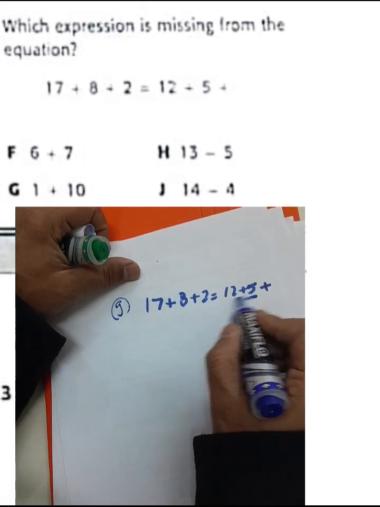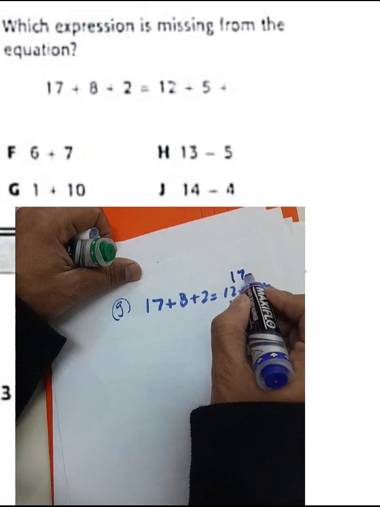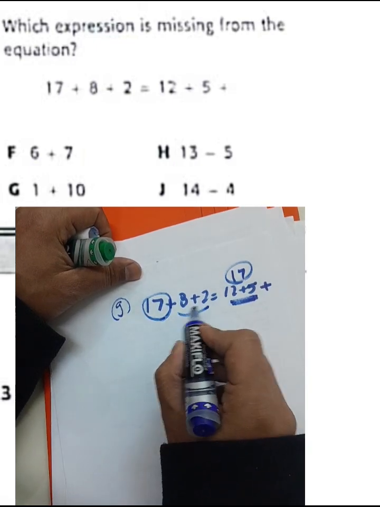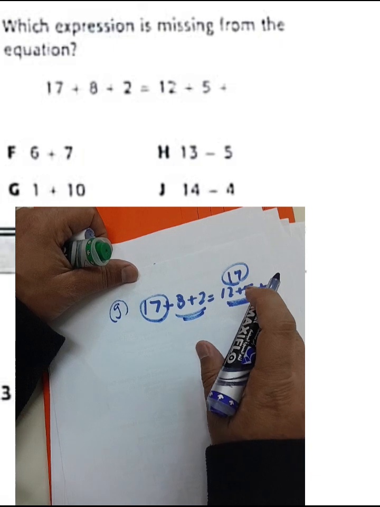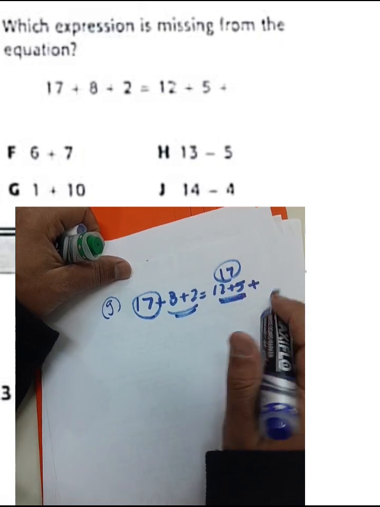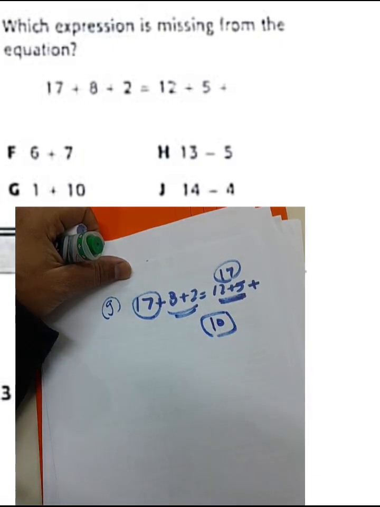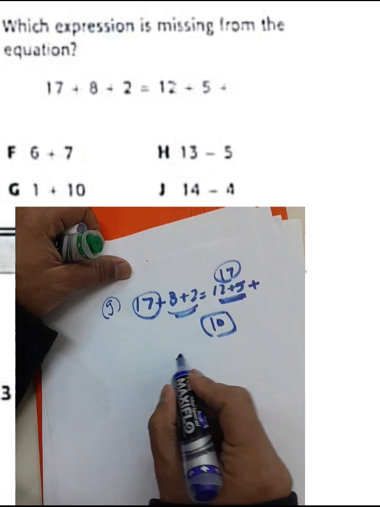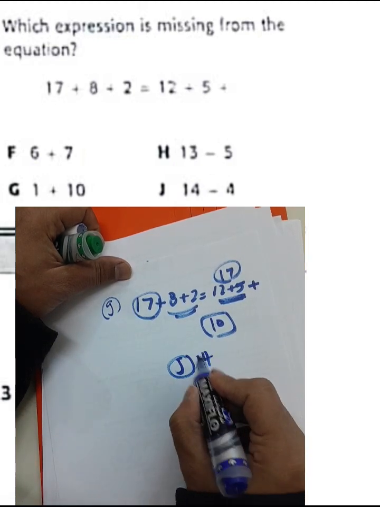We know 12 plus 5 equals 17, so it will be 17, and 8 plus 2 equals 10. We must write here something equal to 10. Where is 10? 14 minus 4. Choose letter J, 14 minus 4.